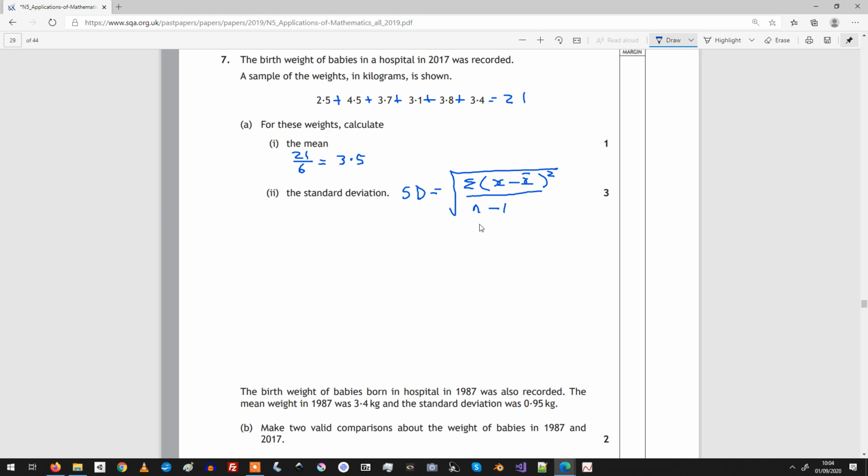But people find all these symbols a bit distracting, so I'm going to erase them and put words there instead.